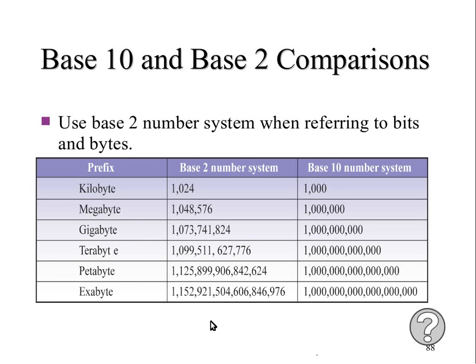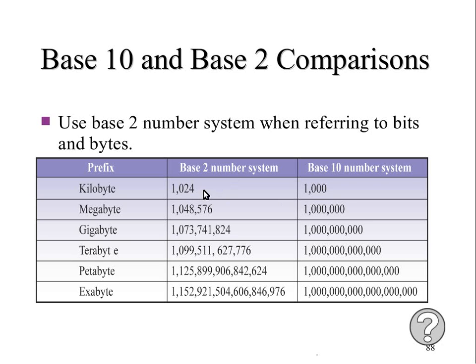Now, with regard to some things, those metric prefixes have a slightly different meaning, although it's not that big of a deal. When we're talking about kilobytes, it isn't really just 1,000, it's actually base 2 1,000, which is actually 1,024.